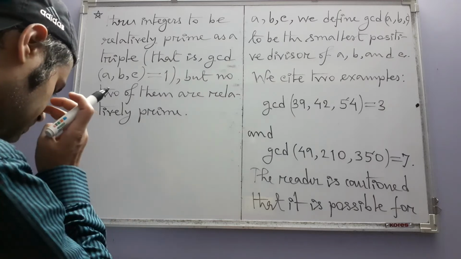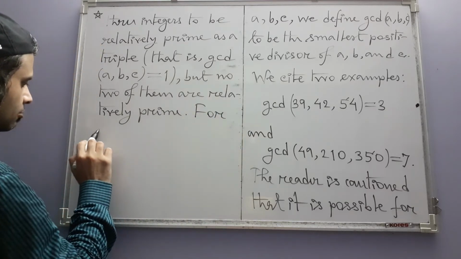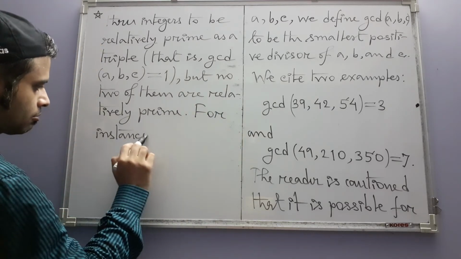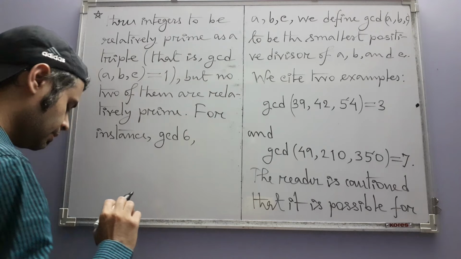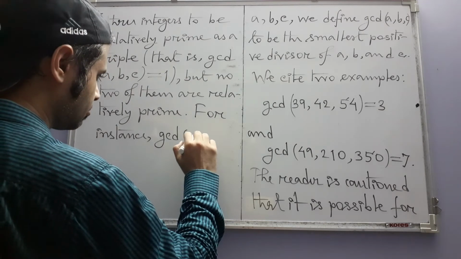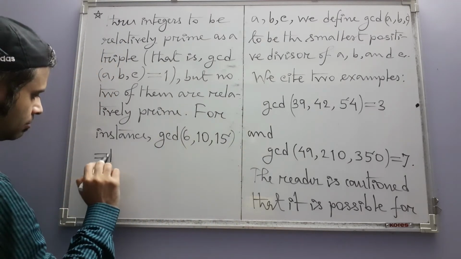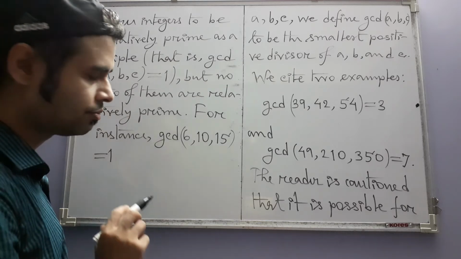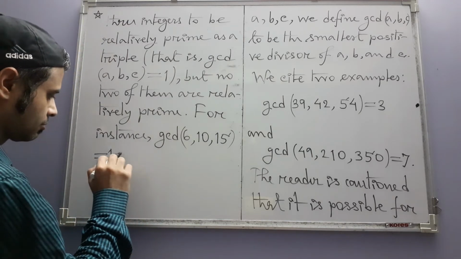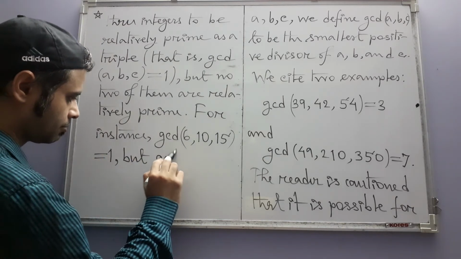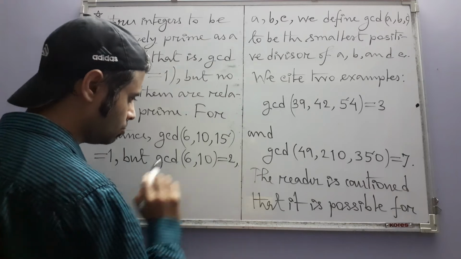And one example, of course, is this. For instance, GCD of 6, 10 and 15 is 1. One is the only positive integer that divides all these three simultaneously. However, GCD of 6 and 10 of course is 2.